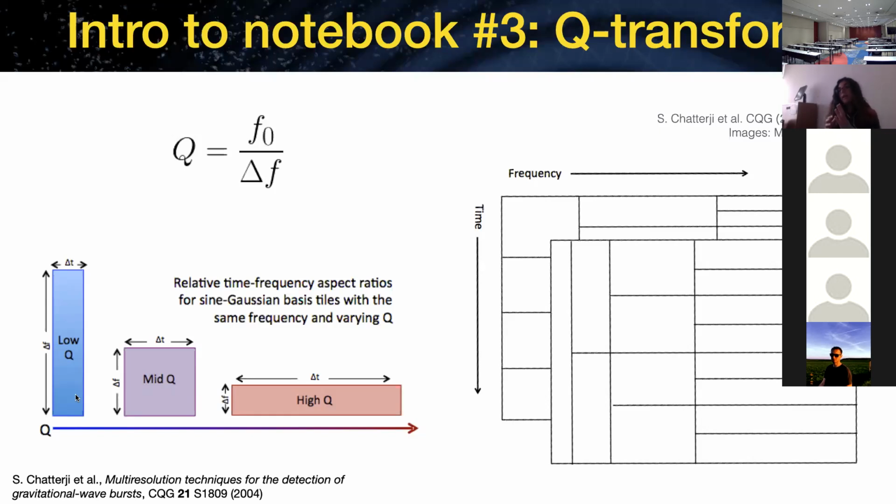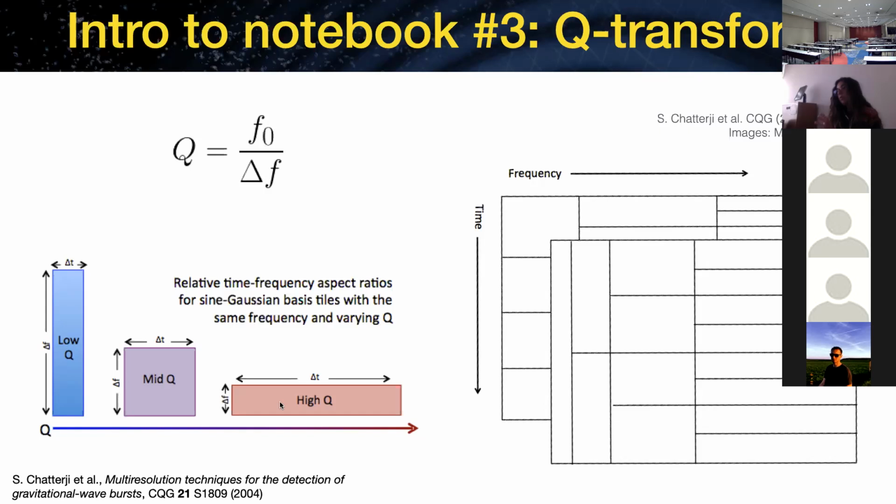But these tiles are not necessarily of the same width in frequency and time. You can have a tile concentrated in a small interval of time but a big interval of frequency, or vice versa: you focus very much on the frequency and you check a broad interval of time.